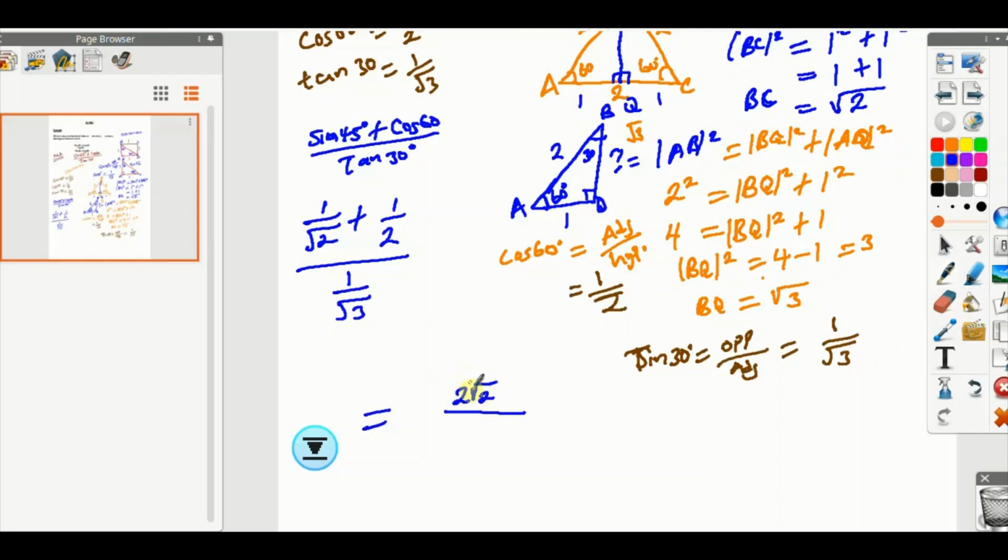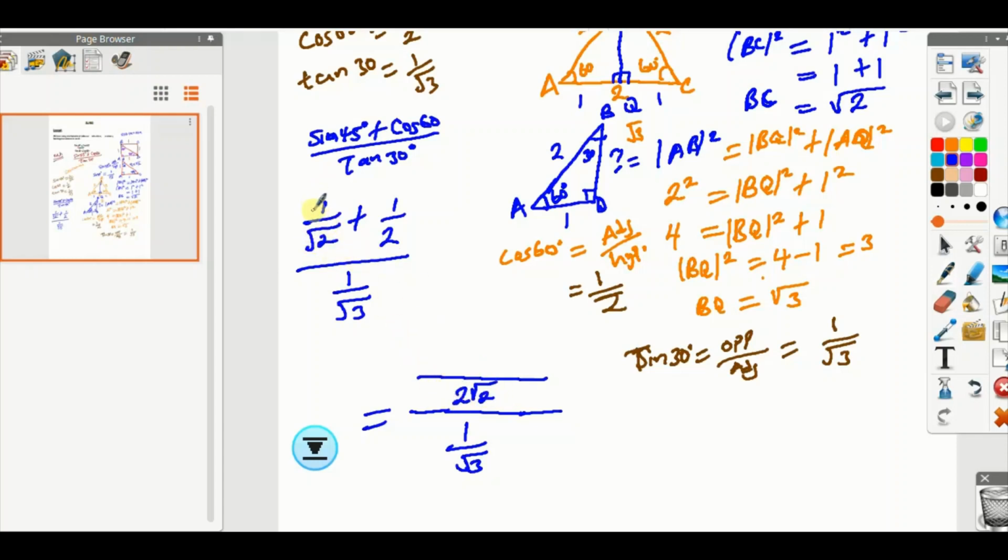That is the LCM. So we have our 1 over square root of 3 here. We are dealing with the denominator first, as I said earlier. From here now, we have root 2. If we divide 2 root 2 by 2, it remains root 2.